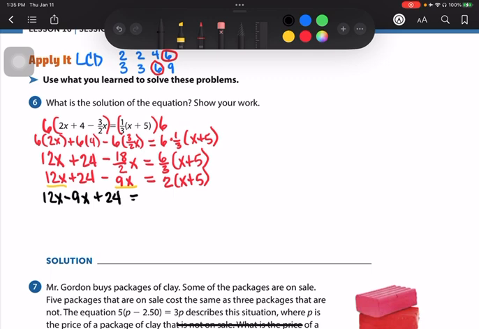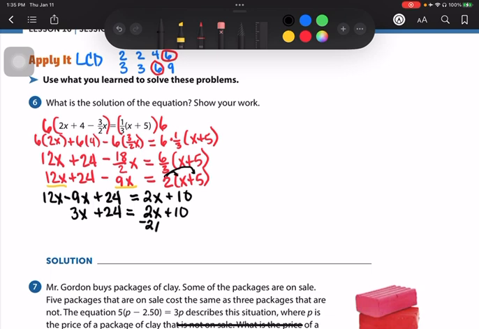And on the other side, I'm going to distribute that 2. Okay, so 2 times x is 2x. 2 times 5 is 10. So combining like terms, I have 3x plus 24 equals 2x plus 10.